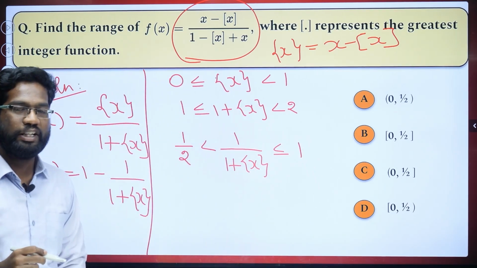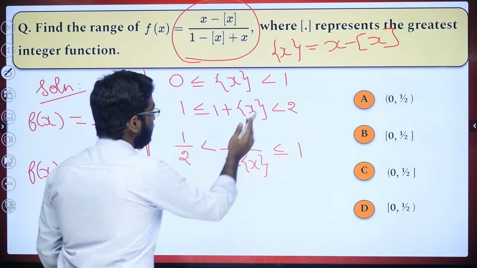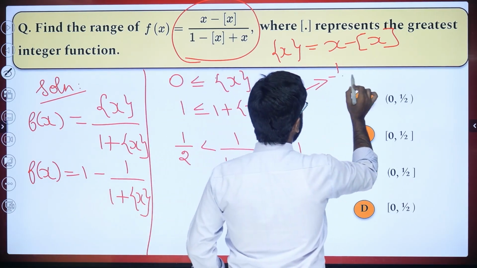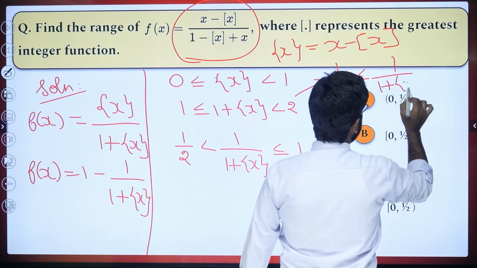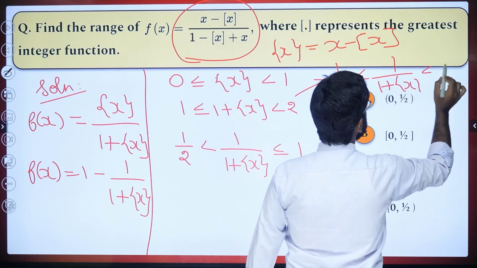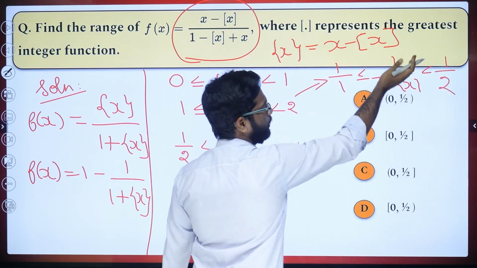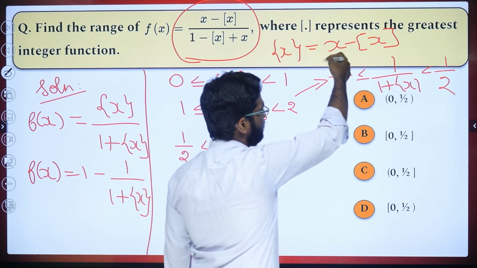Have you understood, my dear students? I hope you understood. Since we are taking the reciprocal, here what will come? Okay, I will explain. 1 by 1 less than or equal to 1 divided by 1 plus the fractional part of x less than 1 by 2. But 1 by 2 can't be greater than, my dear students, so the greatest value is 1 only.